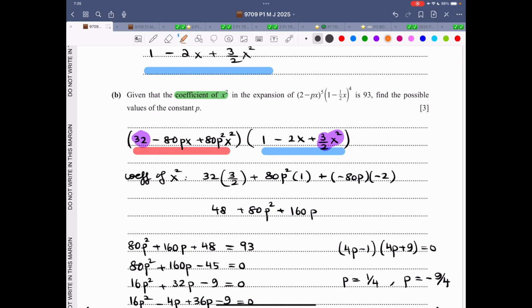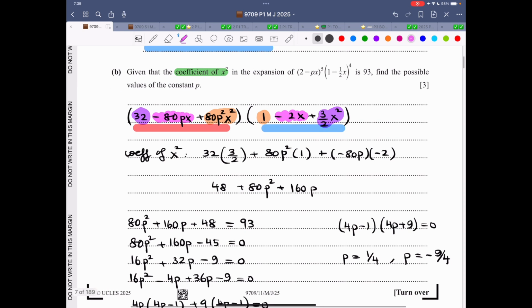We take this x square term, we multiply it with a constant. And last but not the least, we take the x term, we multiply it with the x term. So this is x with the x, and that is the constant with x square, and this is the x square with the constant. That is how we multiply selectively.